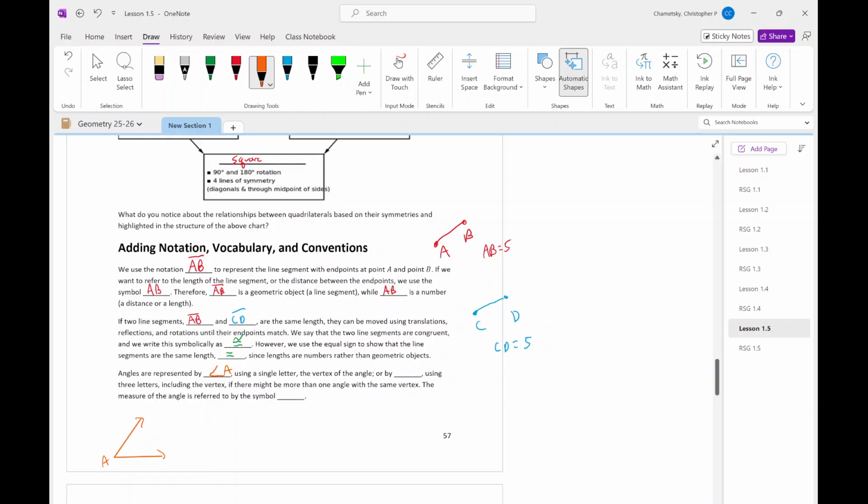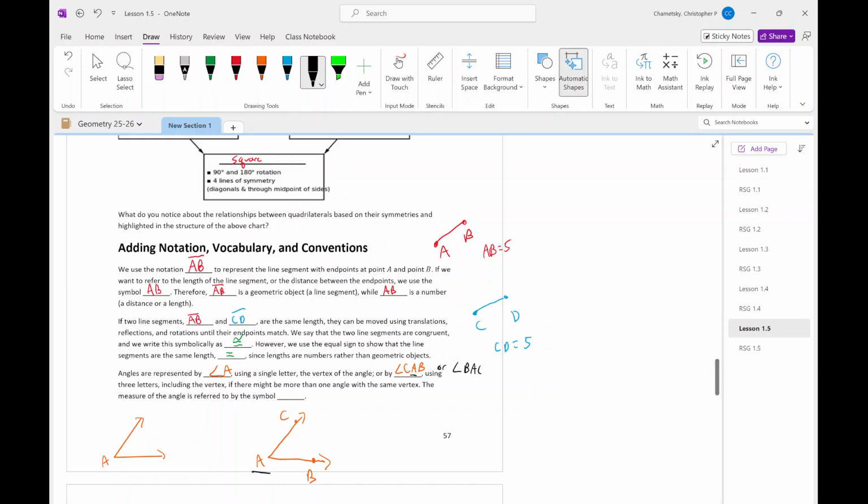Or if we have 3 letters, 3 points that we're working with, we could call this angle CAB. And the key thing is that the vertex is in the middle. Okay. So for example, we could also call that angle BAC. Okay.